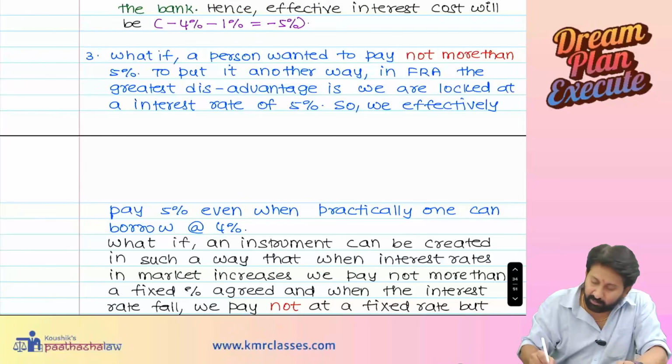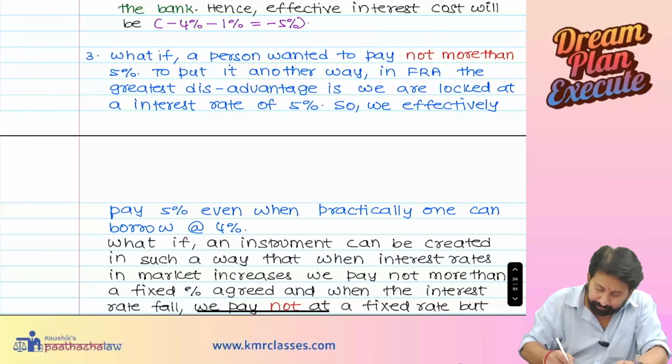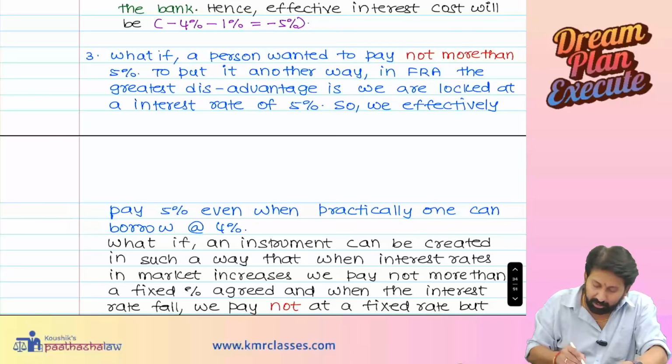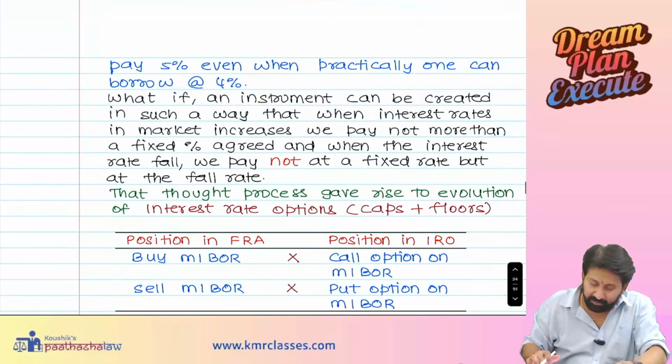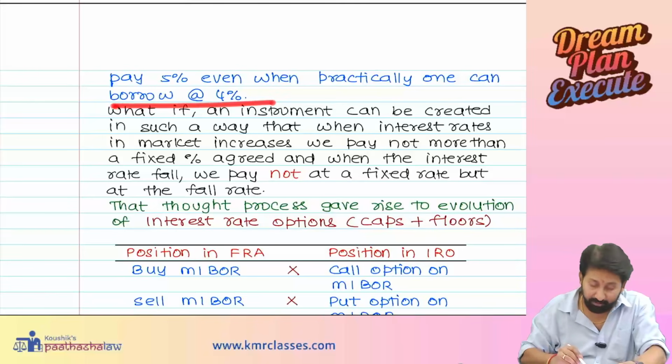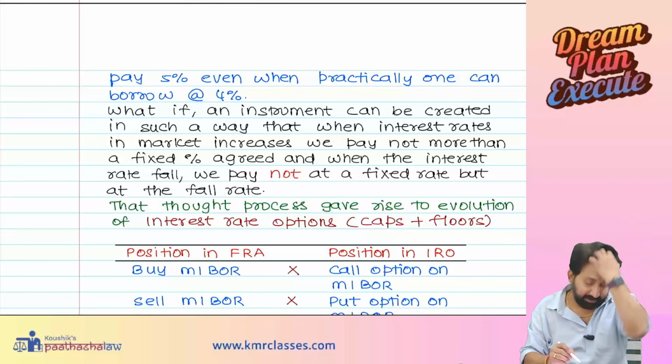What if a person wanted to pay not more than 5? To put it another way, in FRA, the greatest disadvantage is we are locked at the interest rate of 5. So we effectively pay 5% even when practically one can borrow at 4, because you are getting a loss in the FRA segment.